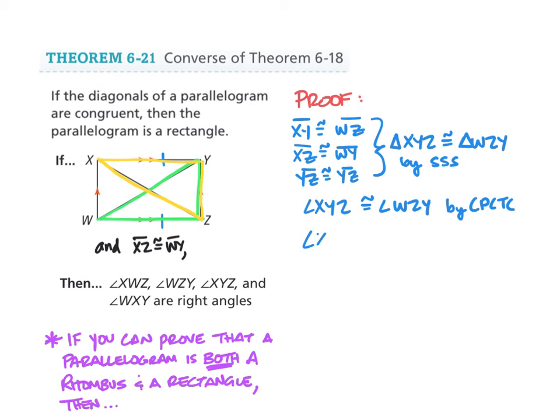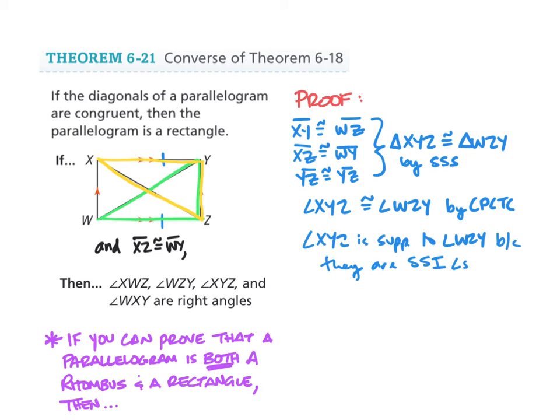So angle XYZ is supplementary to angle WZY because they are same side interior angles, and I have parallel lines. So the same side interior angles have to be supplementary when I have parallel lines crossed by a transversal right here. So not only are these congruent to each other, they're also supplementary, which means they add up to 180.